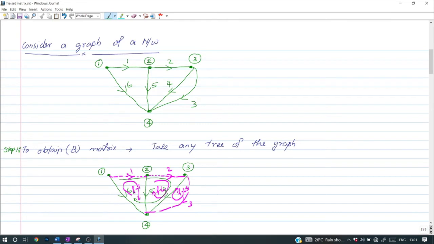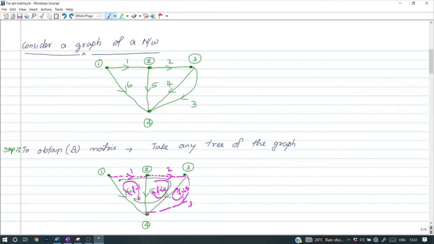In the case of the first fundamental loop, the closed path is formed by the elements 1, 5 and 6. In those elements only one link is present, so it is a fundamental loop. Similarly, in the case of this loop, fundamental loop 2, the elements or branches are 2, 4, 5. In that only 2 belongs to the links, so it is a fundamental loop.